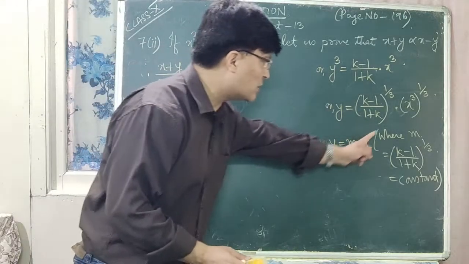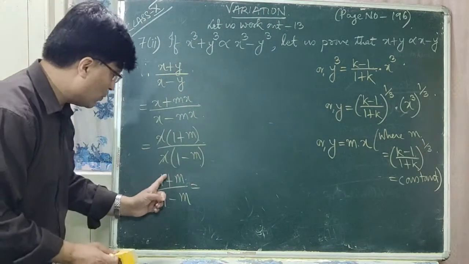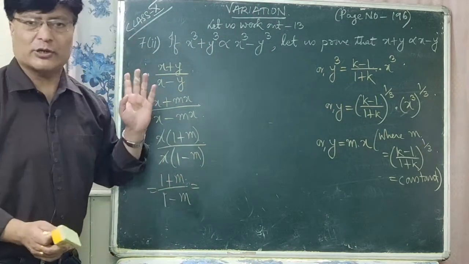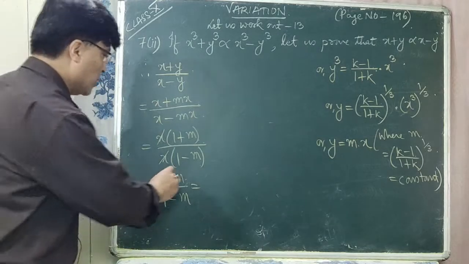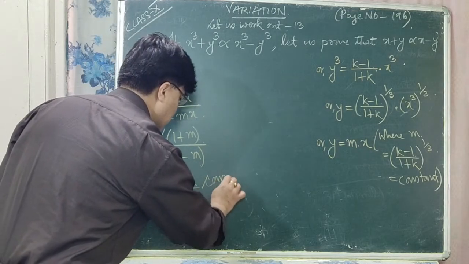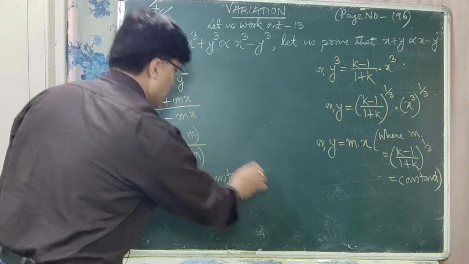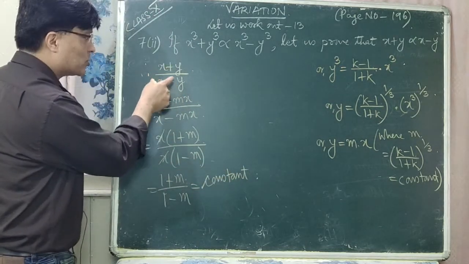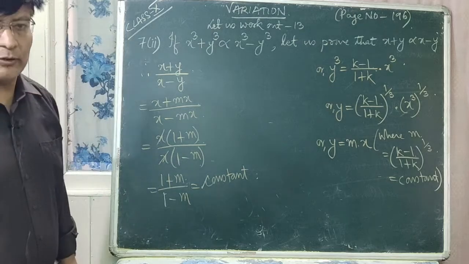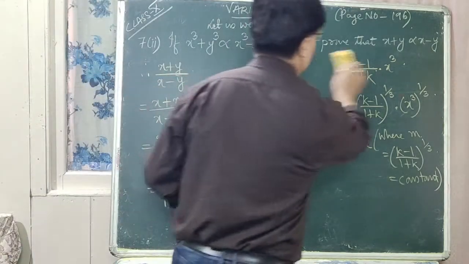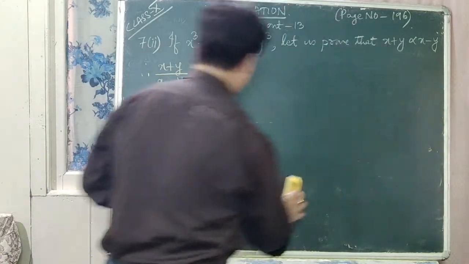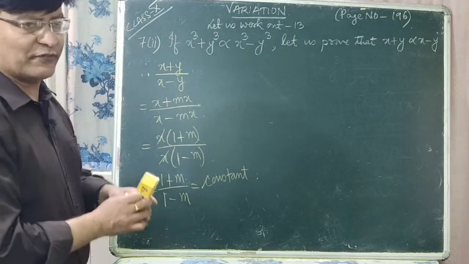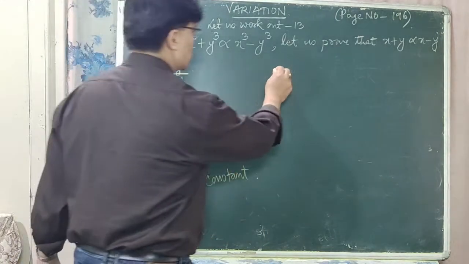Now you know that here m is a constant quantity. So 1 plus m divided by 1 minus m is also a constant quantity. So which is equal to, you can write here, constant. So what is the value of this constant? It is the value of x plus y upon x minus y. So let us write here: this constant is the value of x plus y divided by x minus y.